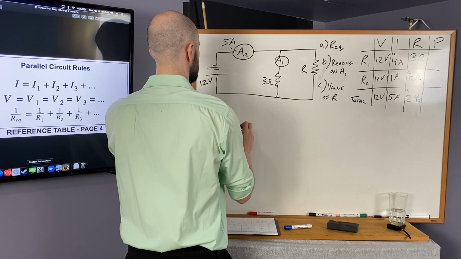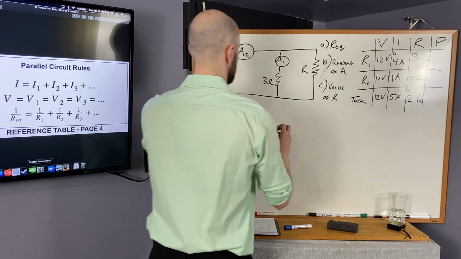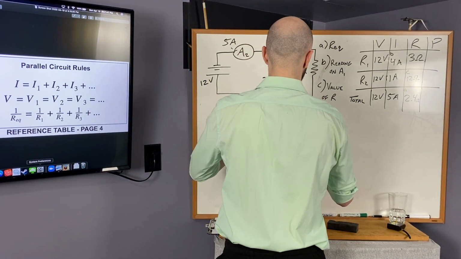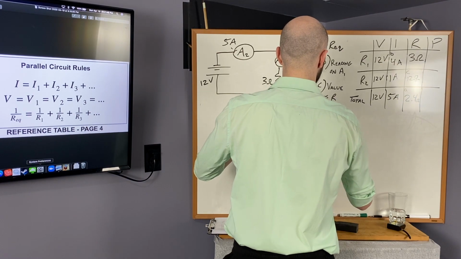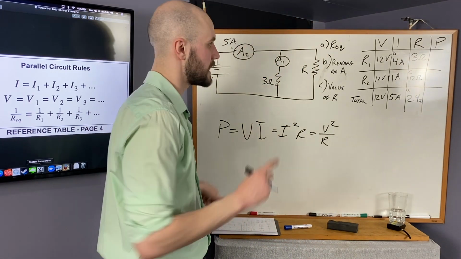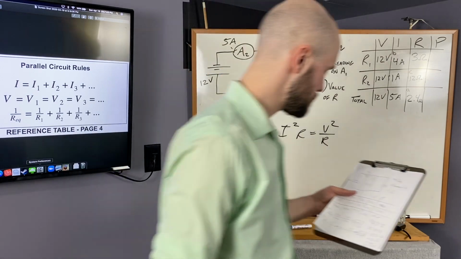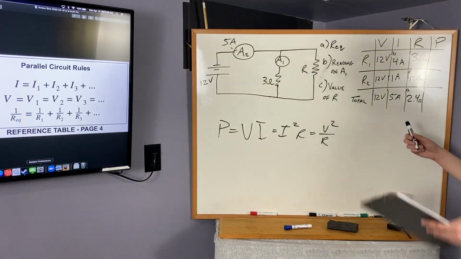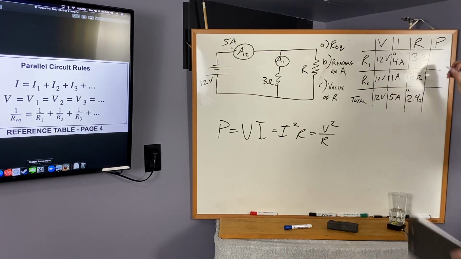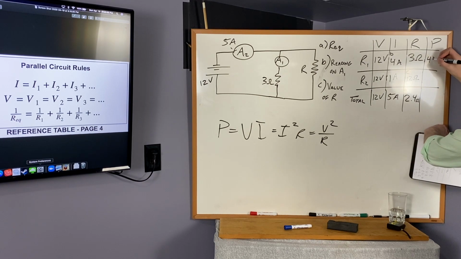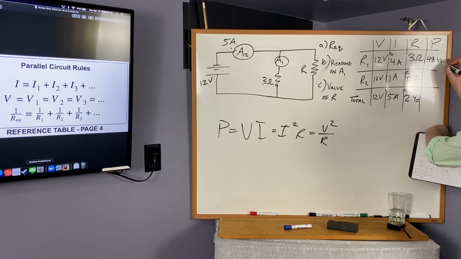Remember, P is equal to V times I is equal to I squared R. Pick your favorite. I'm just going to use V times I all the way across for each one. 12 times 4 is 48. And our unit is watts.